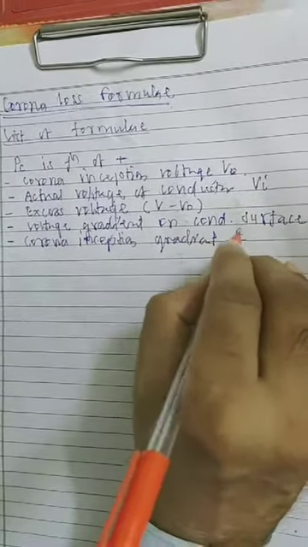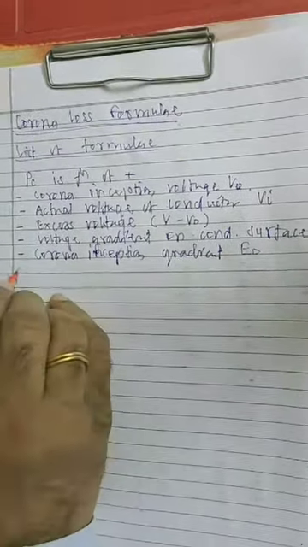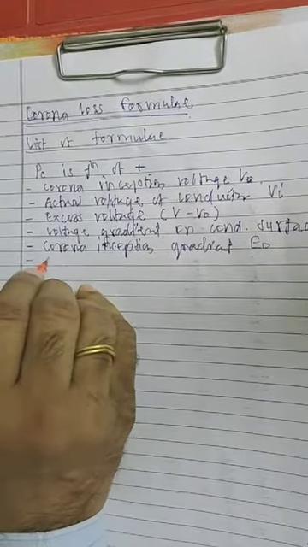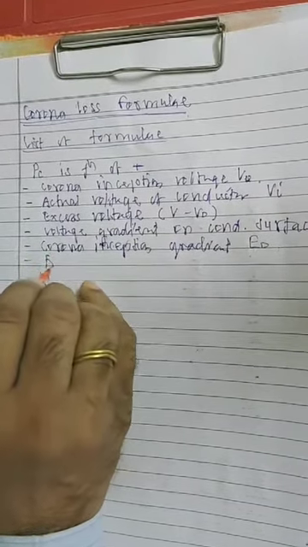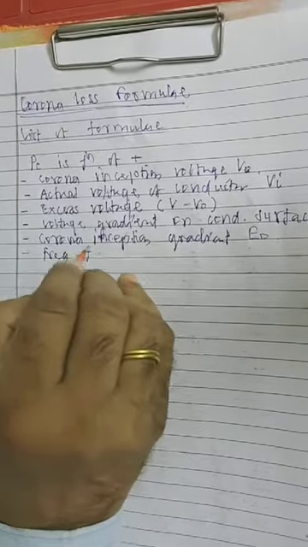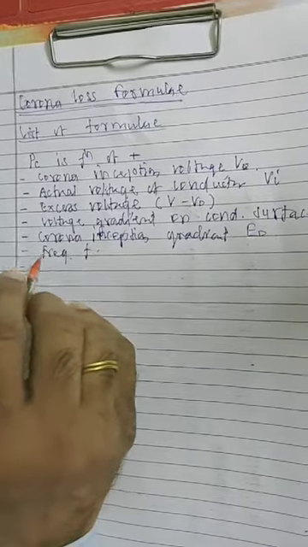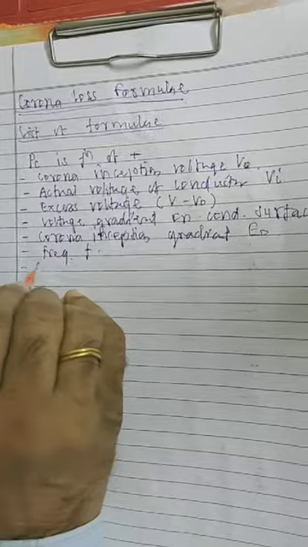This is E0. Then corona loss also depends on frequency f. Corona loss is a function of frequency f.